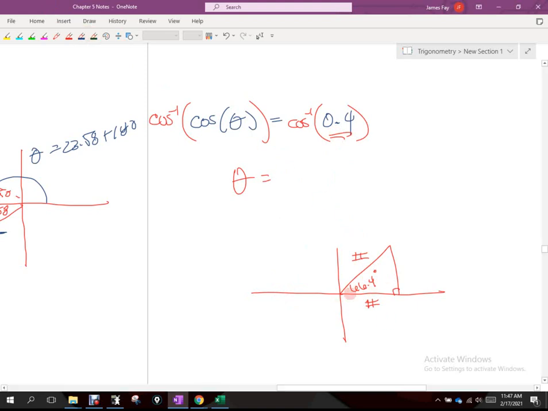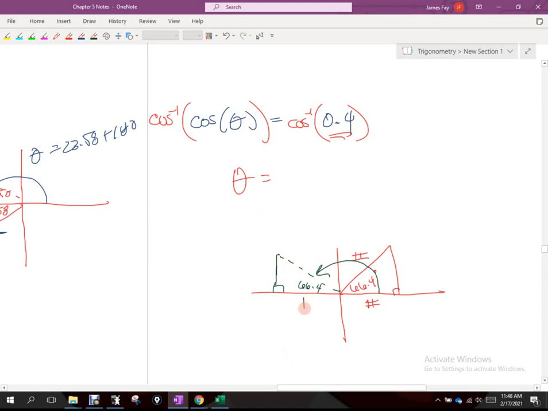Now, can I do the same thing over here? Why not? Okay, so this 66.4 degree angle does exist over here. I can reflect anything I want to. The question then is, is that theta right there an answer? Is 180 minus 66.4 an answer for this?